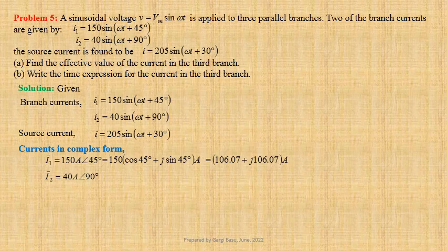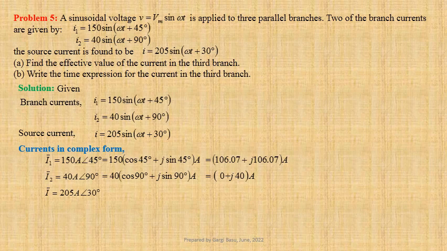I2 equals 40 ampere at an angle 90 degree. This may be written in Cartesian form as 40 times cos of 90 degree plus j sin of 90 degree ampere, that is equal to 0 plus j40 ampere. Source current I equals 205 ampere at an angle 30 degree.